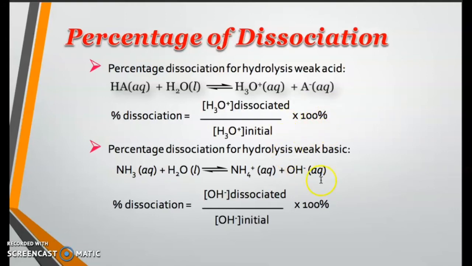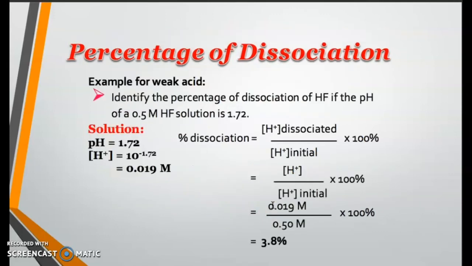This is the same for the weak base, where it is the hydroxide ion. This is the example for a weak acid, how to identify the percentage of dissociation.